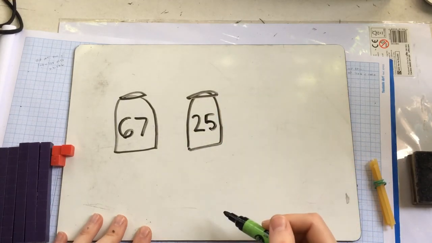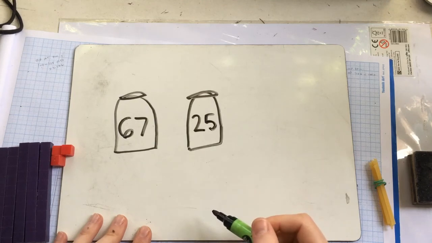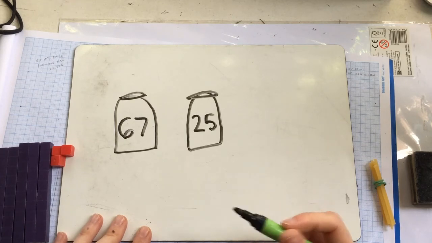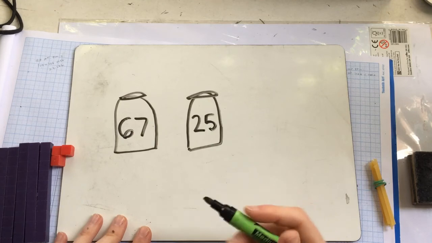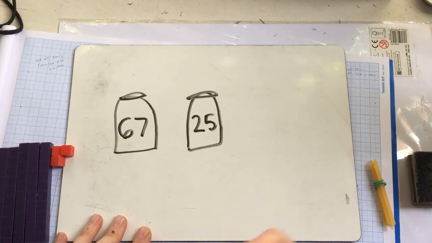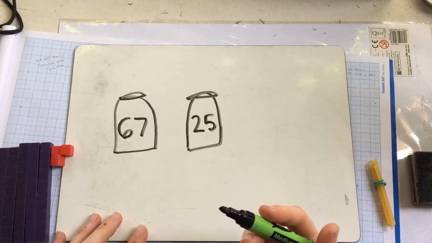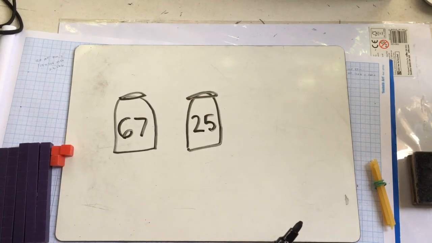How many marbles do they have all together? It's really important that, as well as giving them equations that are slightly more abstract, we're also giving children a story context so that they can link what they're doing to real life, and that will serve to further deepen their understanding of addition.